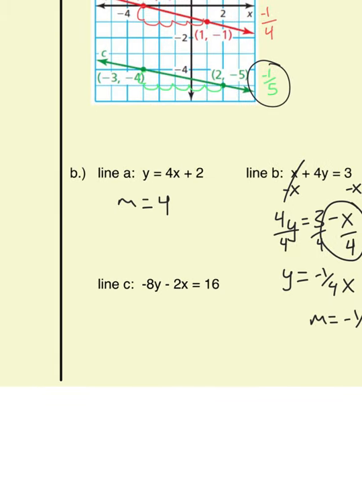Next we're going to rearrange line C. So get y by itself. First I'm going to move the 2x over. Cancels out on the left. So I have negative 8y equals 2x plus 16.